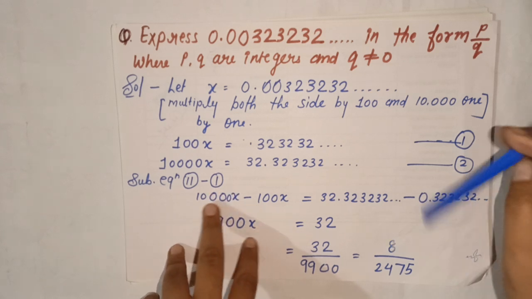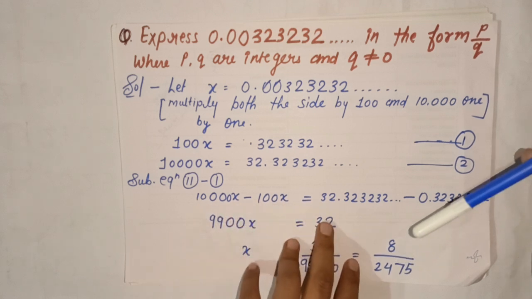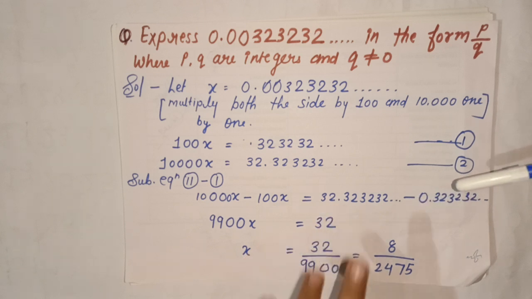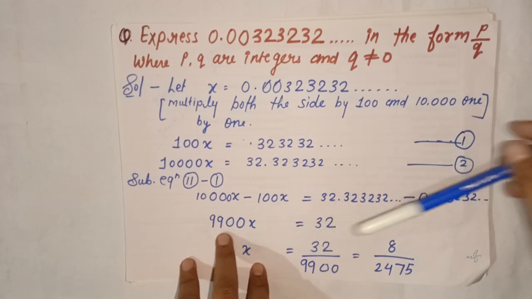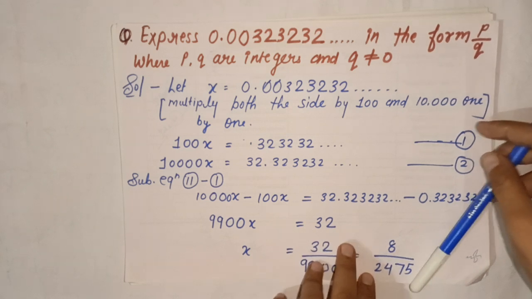So we will get 10,000x minus 100x is equal to 32.3232 minus 0.3232, and after solving this, we get 9,900x is equal to 32.